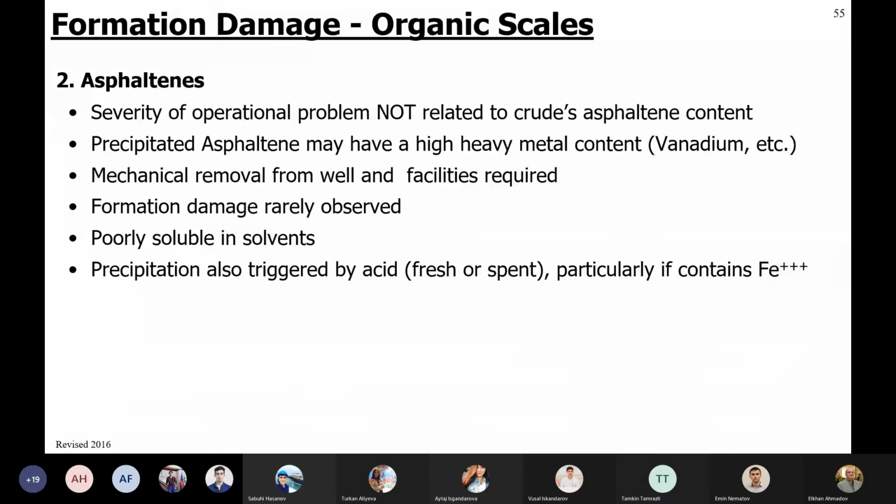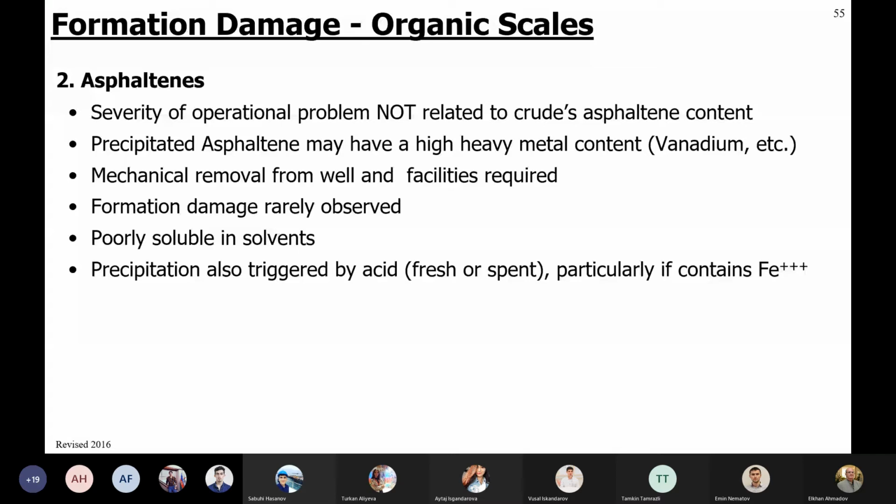So, interestingly, the severity of the operational problem is not related to the crude's asphaltene content.